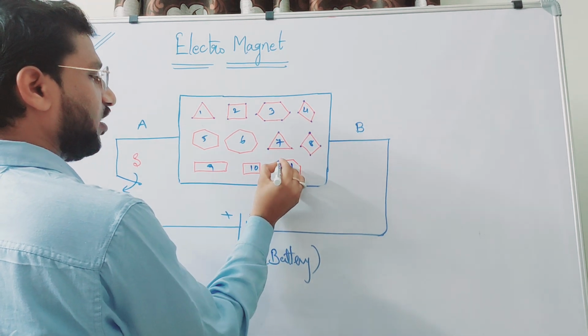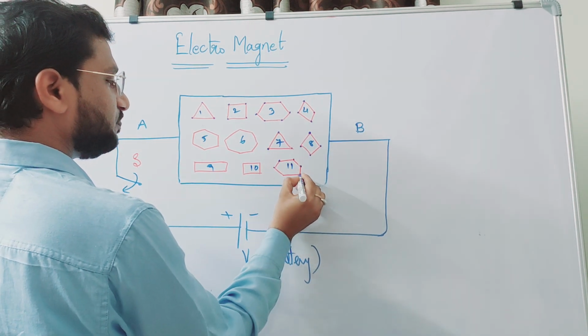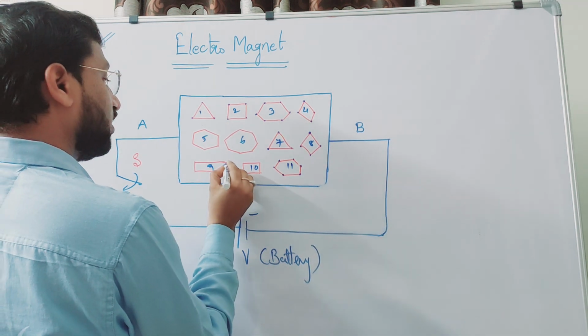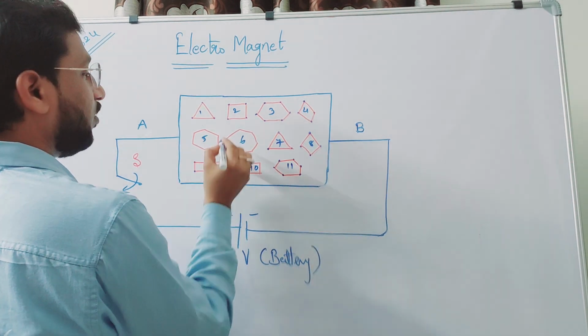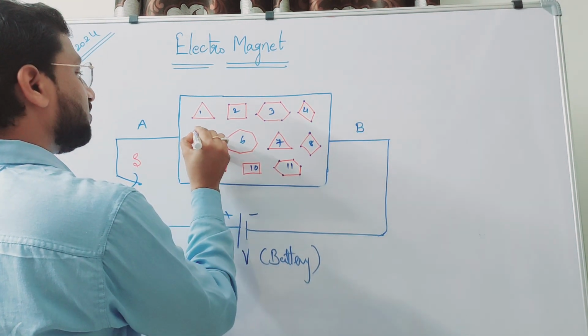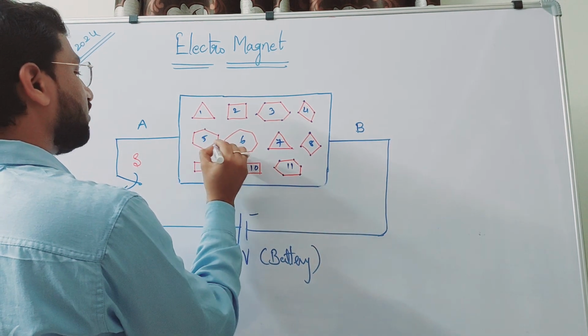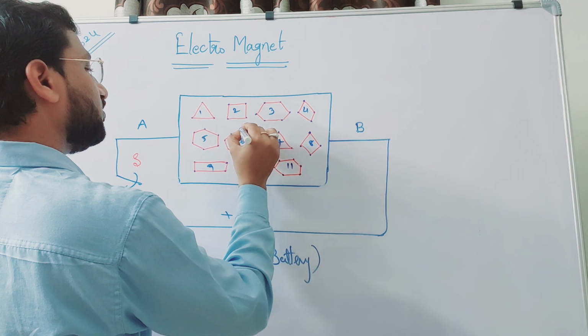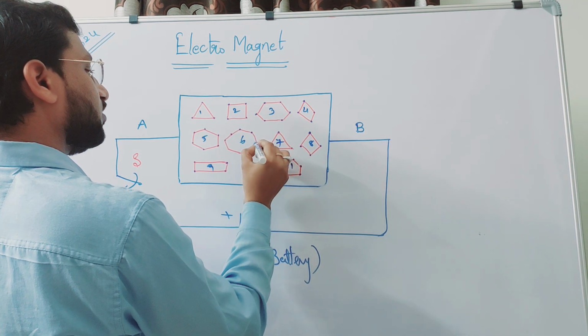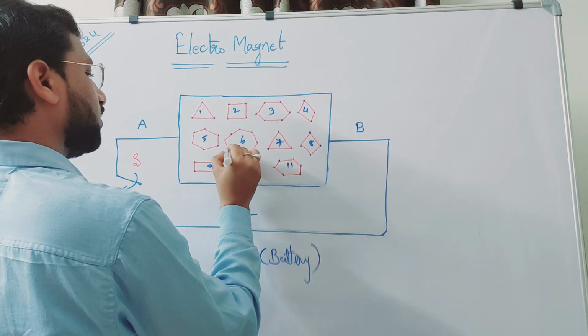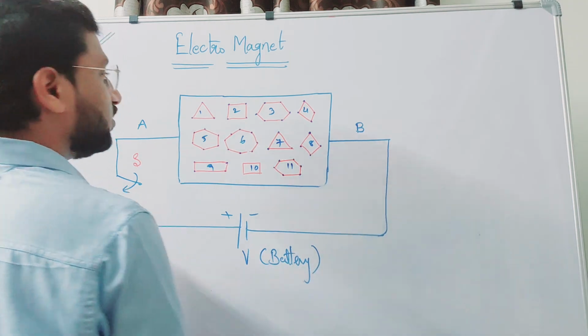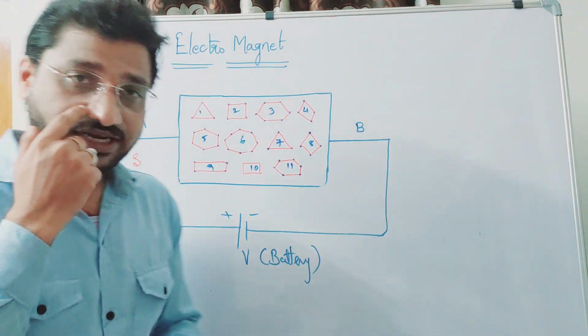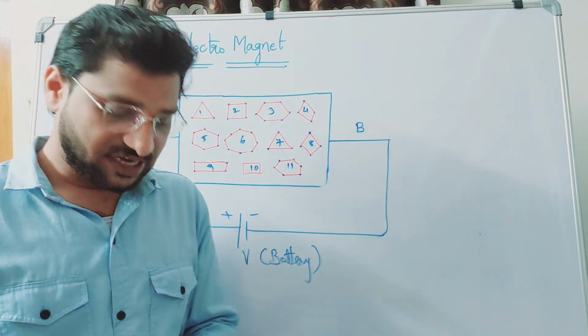Even though they are closed paths, they are not in circle form. That is also important to understand. They are not in circle form. They are in the form of a triangle or rhombus, something like that, with uneven sides.